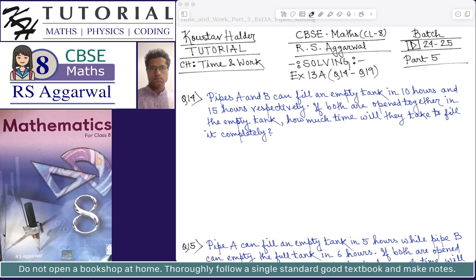Now, as I always say, when you are solving problems from any chapter, or if you are giving a mock test or any exam that contains problems from several chapters, always after solving the problems, recall or revise the concepts and formulas that were used in solving them.